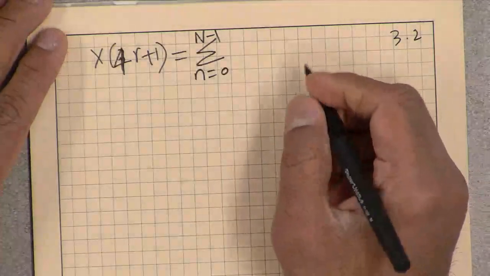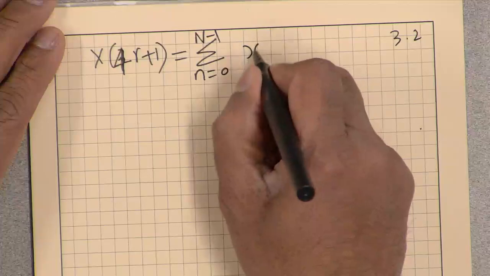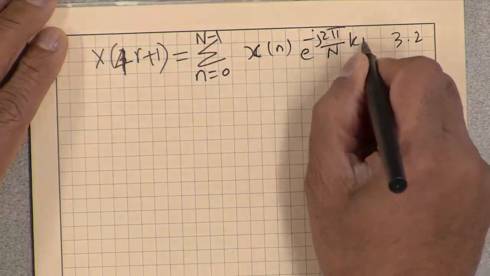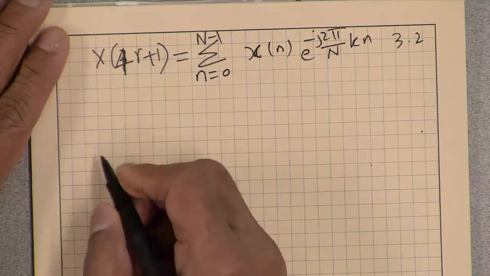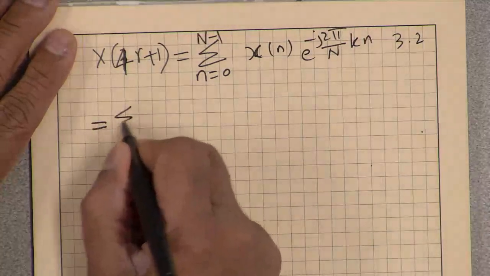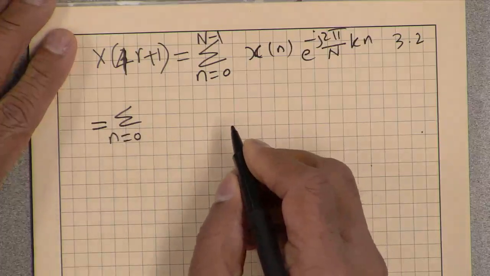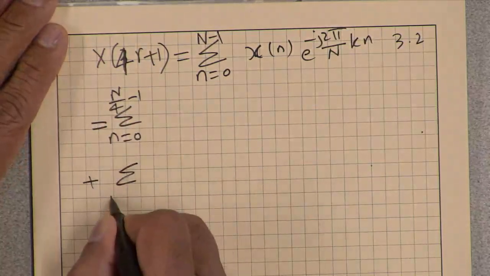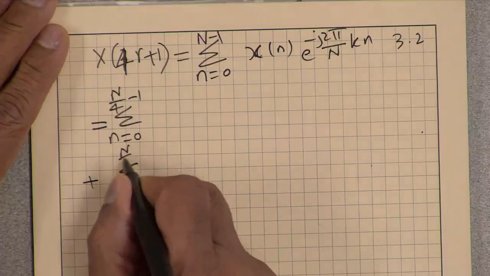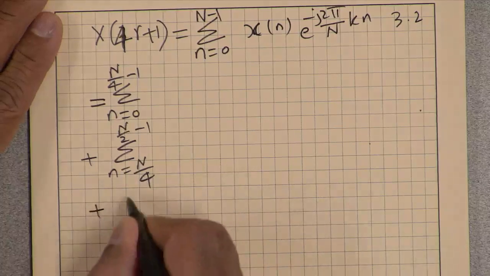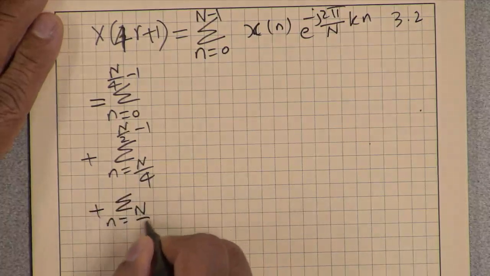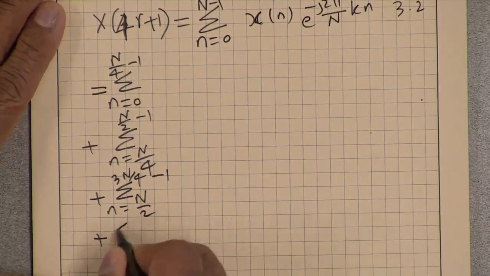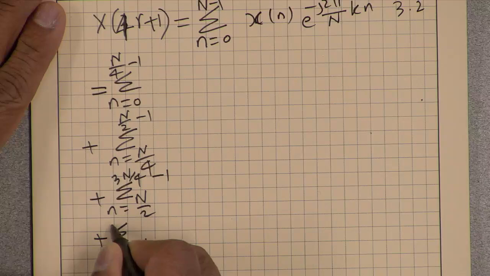So sum over n equal to 0 to N minus 1 of x[n] e to the power minus j 2 pi over N k n, and then I can write this down as the sum over n equal to 0 to N by 4 minus 1, plus n equal to N by 4 to N by 2 minus 1, plus n equal to N by 2 to 3N by 4 minus 1, plus n equal to 3N by 4 to N minus 1.